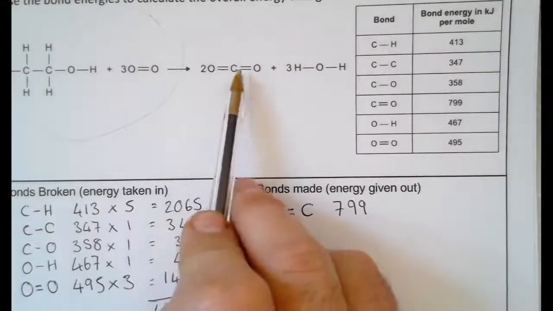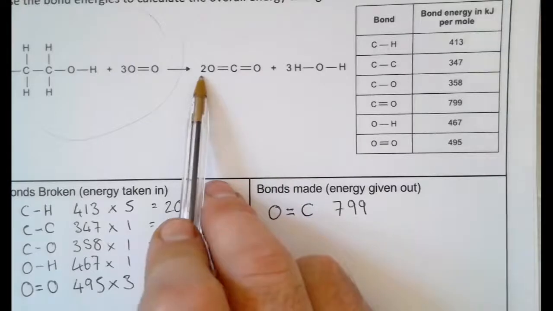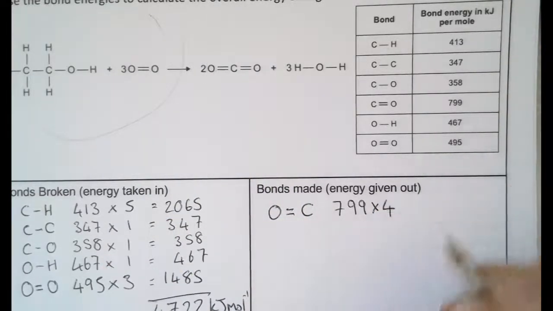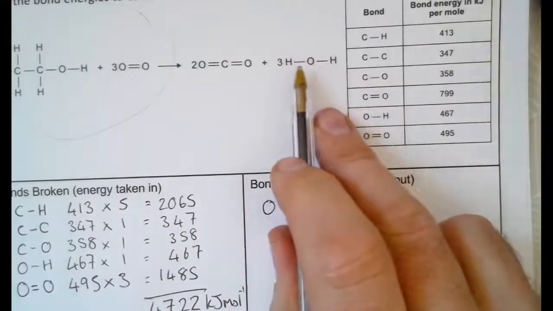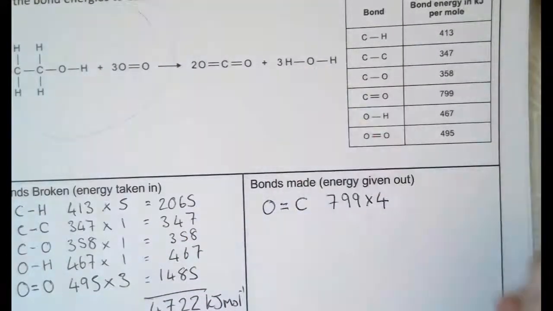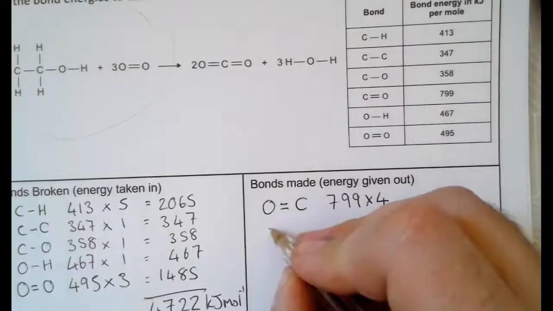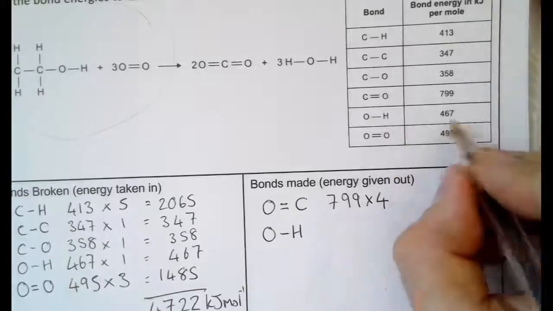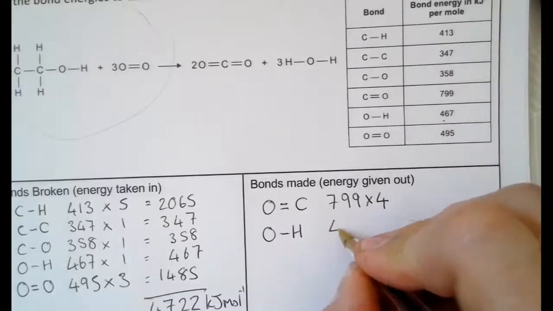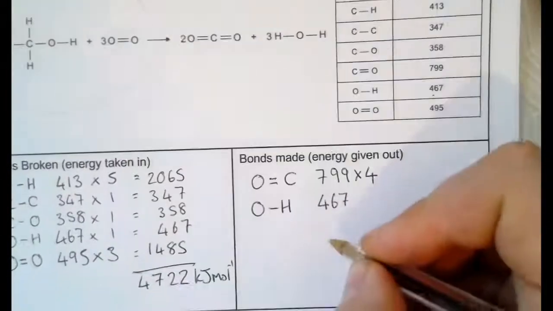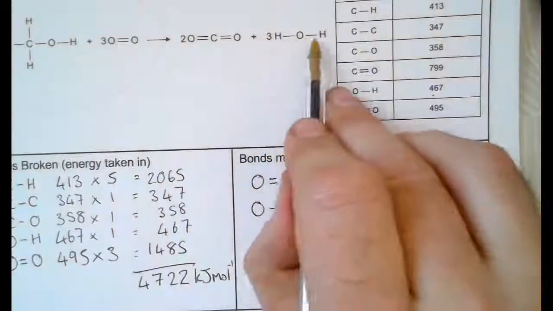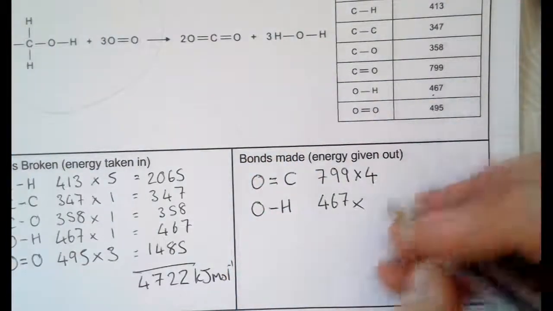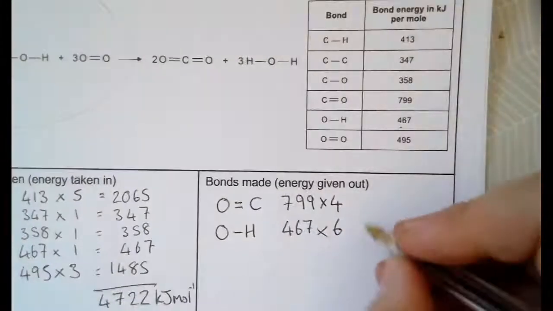There are two of them in every molecule, and there are two molecules, so 2 times 2 gives us 4. The other molecule we have is a water molecule that's got O-H bonds, and each of those O-H bonds has 467. Every molecule has 2 of these bonds. There are 3 molecules. 3 times 2 is 6, so that's going to be times 6.